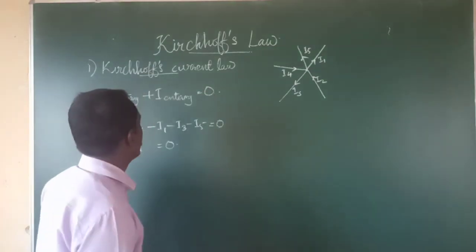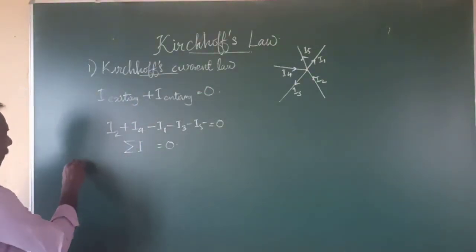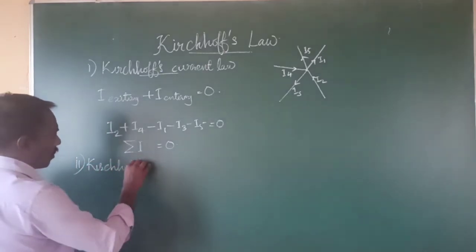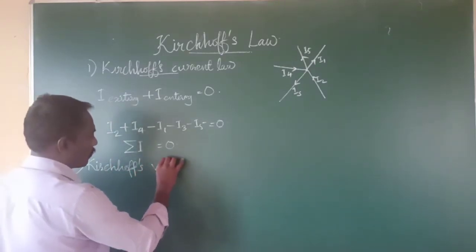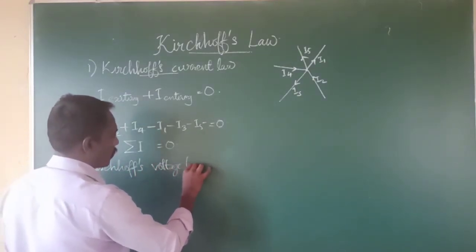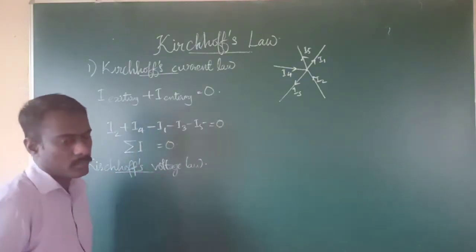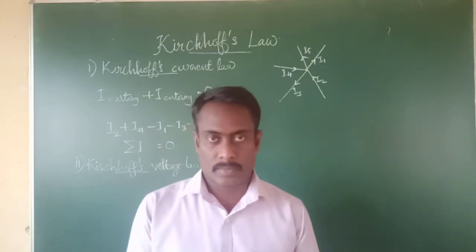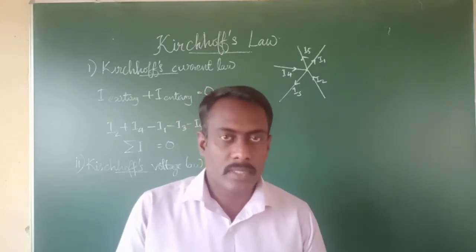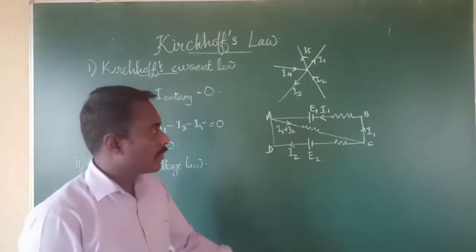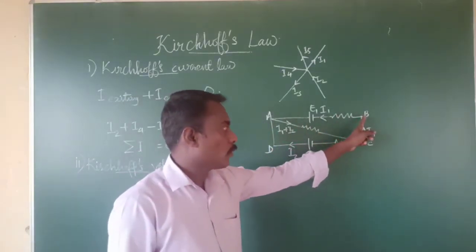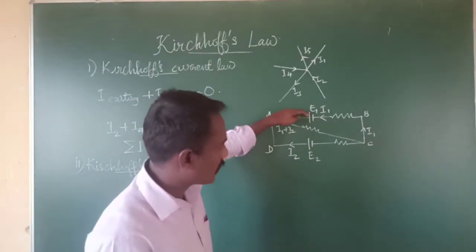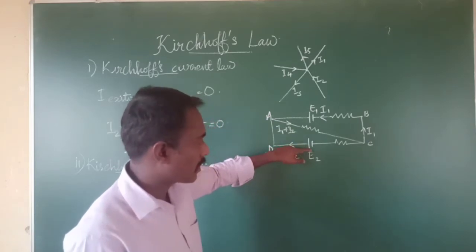And the second one is Kirchhoff's voltage law. Kirchhoff's voltage law says that the total voltage of the circuit is always conserved, or it is always zero. Here we consider a closed path loop A, B, C, D. E1 is the EMF of the first battery cell, and E2 is the EMF of the second battery.